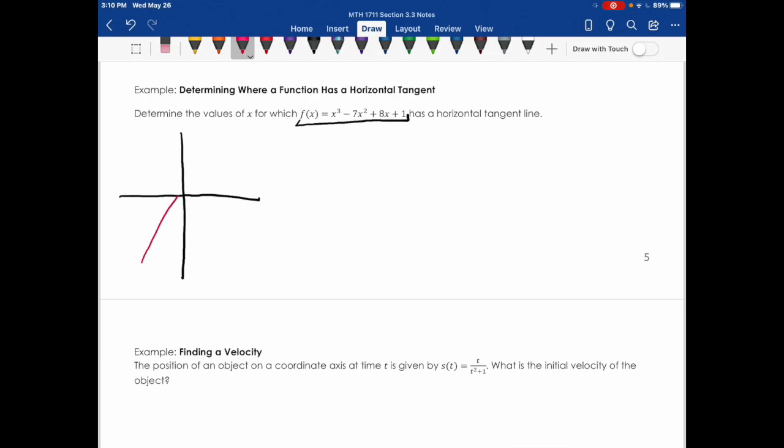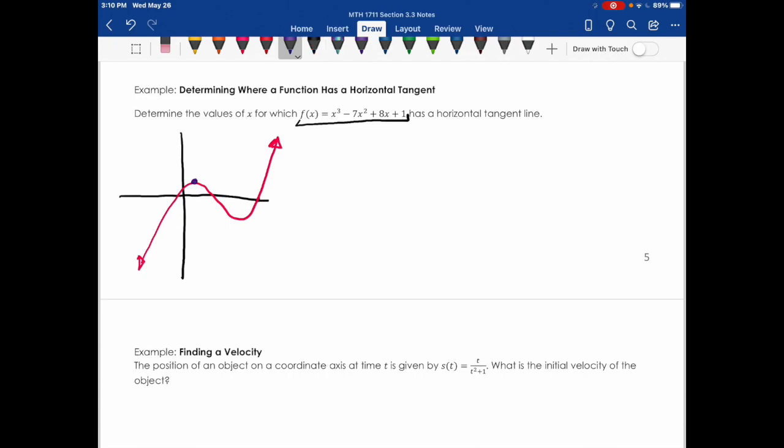If I draw just a rough sketch of this graph, it would look something like this, because it's a cubic function. And using my knowledge of degrees and leading coefficients, I have an idea of what the shape of the graph should look like.